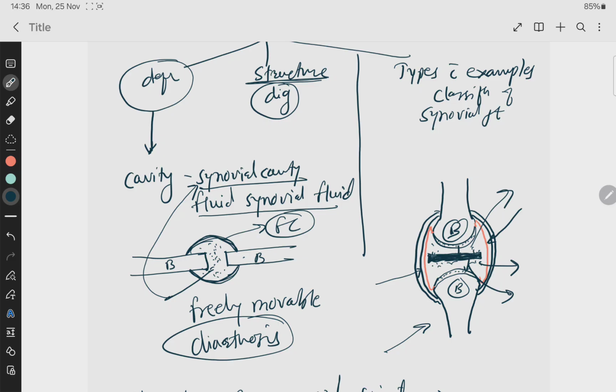This disc is called an articular disc. Different movements occur in the upper compartment and lower compartment, and it is also called a meniscus.